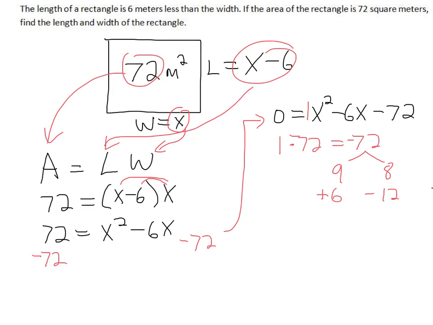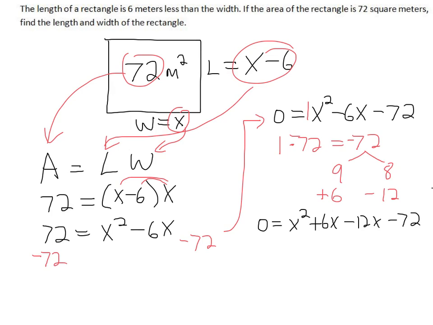That'll be negative 6. So that gives us now 0 equals x squared. What we do with the negative 6x is break it up into plus 6x and minus 12x. It doesn't matter what order in general. So I will just do it in the order I came up with it. Okay.